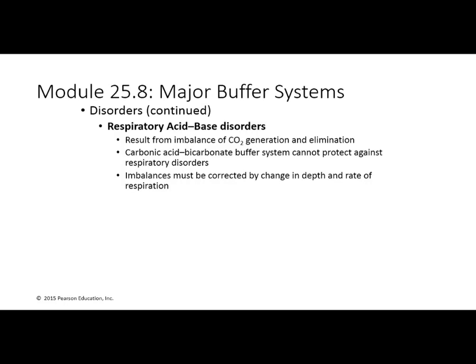So if there's not enough CO2 being generated or not enough CO2 being eliminated, this also can lead to problems. Here's the deal. In the respiratory system, if there's an acid-base disorder in CO2, that carbonic acid bicarbonate system is not going to help. That bicarb system is really more effective with the kidneys and dealing with the plasma. So we don't have the buffering capacity here, so now if there's a respiratory acid imbalance, the lungs themselves will try to respond.